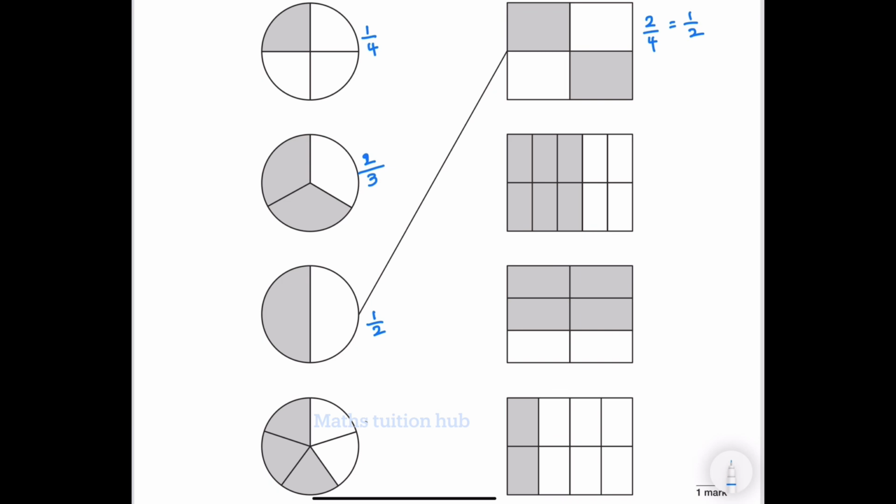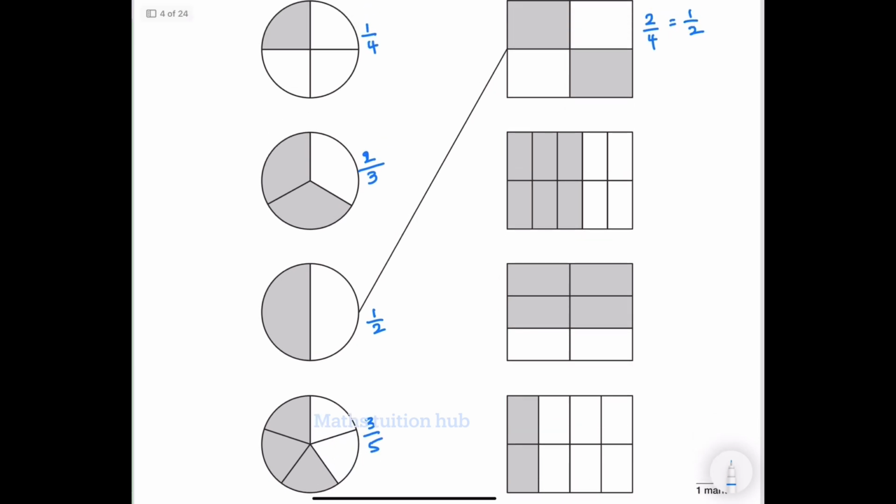and next one is 3/5. So let's check other side, and this one 6 out of 10, so equivalent to 3/5. The next one is 4 part shaded out of 6 parts, and equivalent fraction is 2/3 for that.